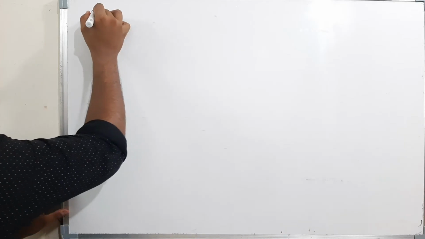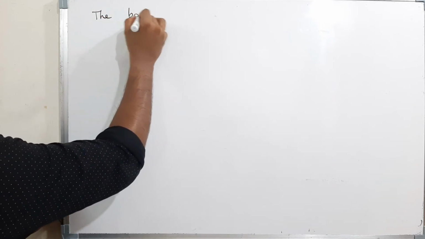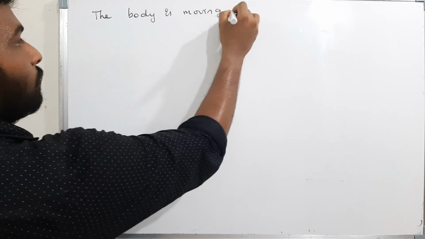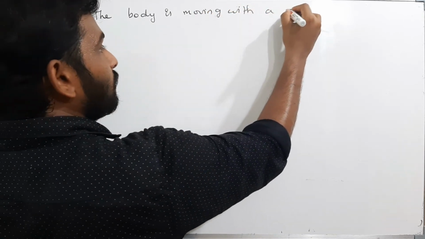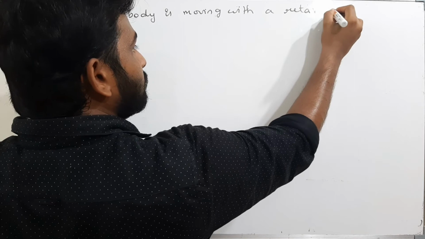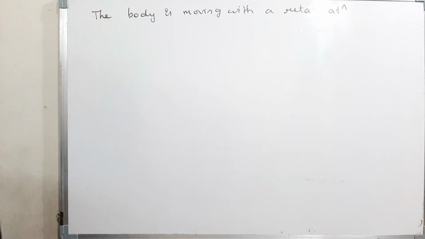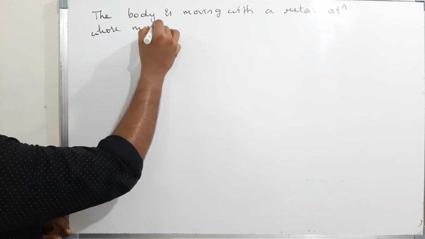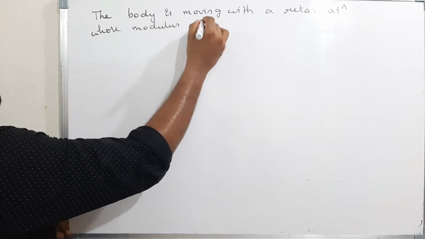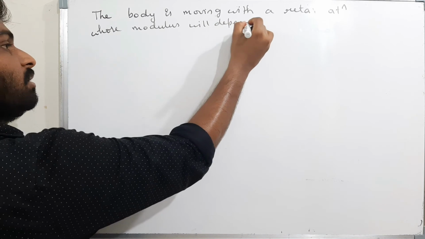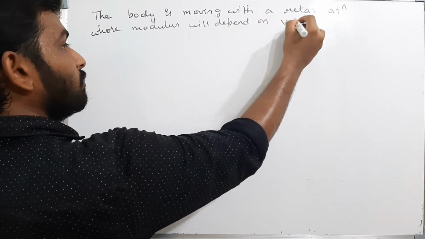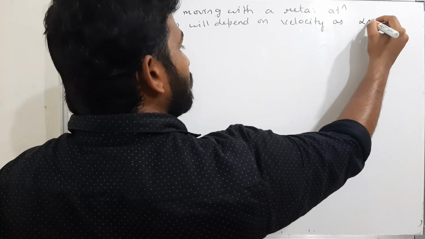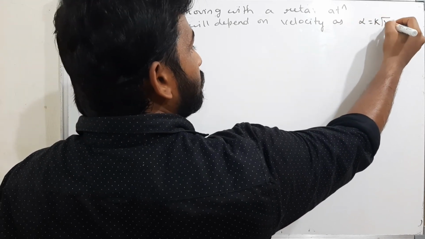Okay, now see. The body is moving with a retardation whose modulus will depend on velocity as alpha is equal to k into root v.